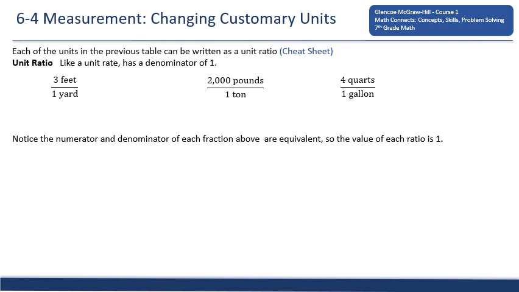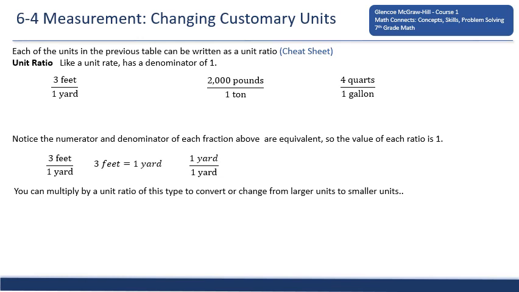Notice the numerator and denominator of each fraction above are equivalent, so the value of each ratio is 1. 3 feet to a yard, 3 feet to a yard, 1 yard to a yard. You can multiply by a unit rate of this type to convert or change from larger units to smaller units.